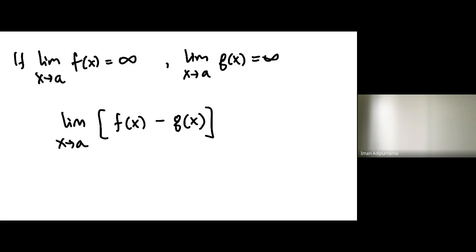What will happen with this limit as x approaches the same a of f of x minus g of x? It will be infinity minus infinity, right?